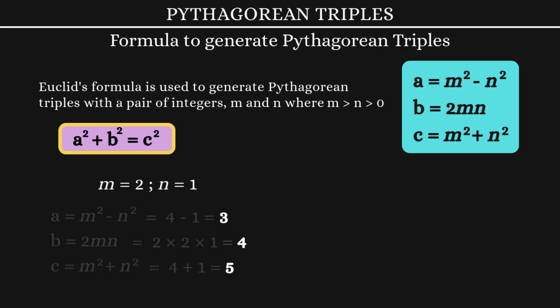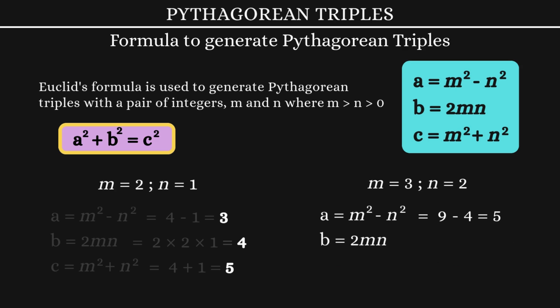Now, let's check out one more example. M is equal to 3 and n is equal to 2. Now, A becomes 9 minus 4, that is 5. B is equal to 2 into 3 into 2, which is 12. And C is equal to 9 plus 4, and that is 13.